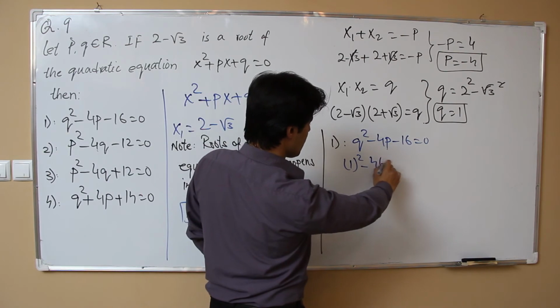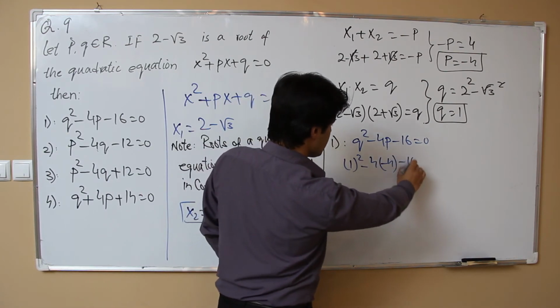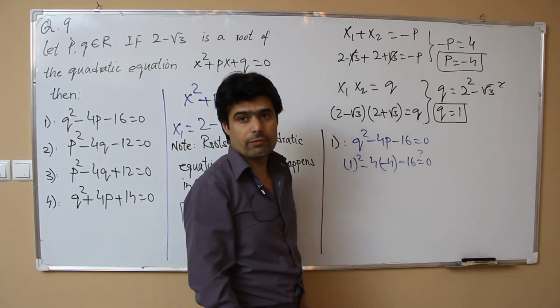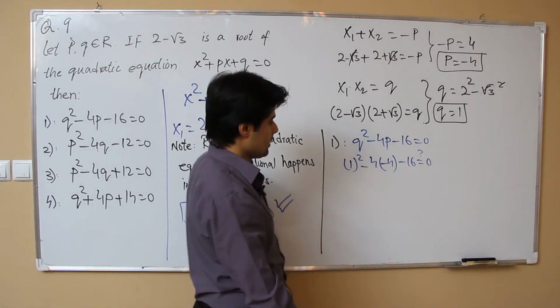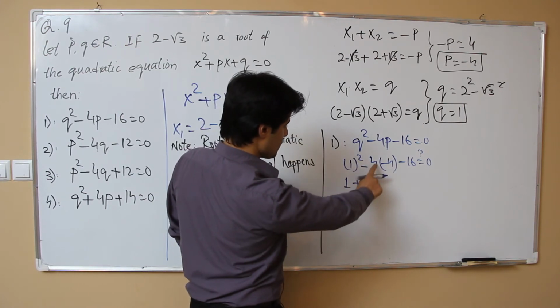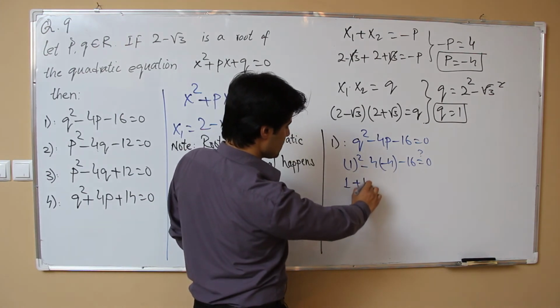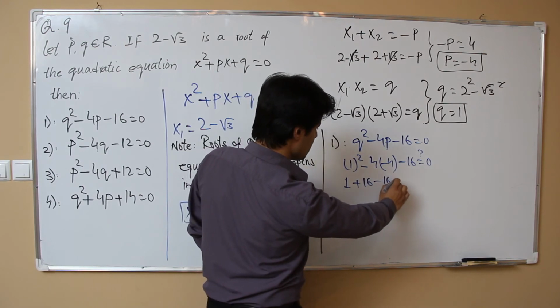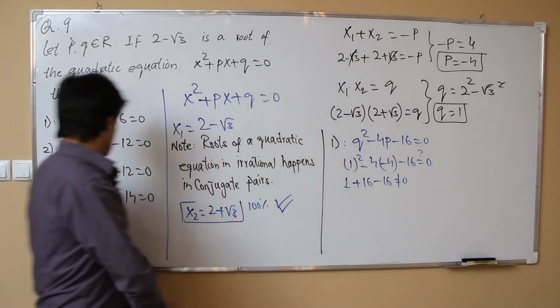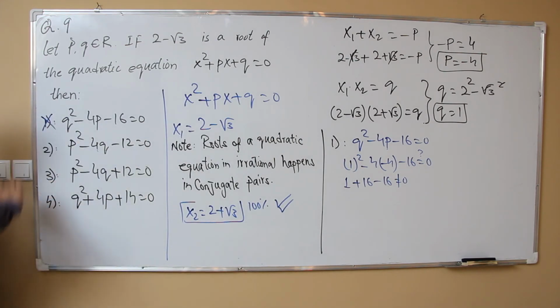Instead of p, you have to put minus 4, minus 16. Is this equal to 0? If it is, then this is the correct answer. 1 square is 1, minus minus is plus, 4 times 4 is 16, minus 16. Is this equal to 0? No. So number 1 is not the correct one.